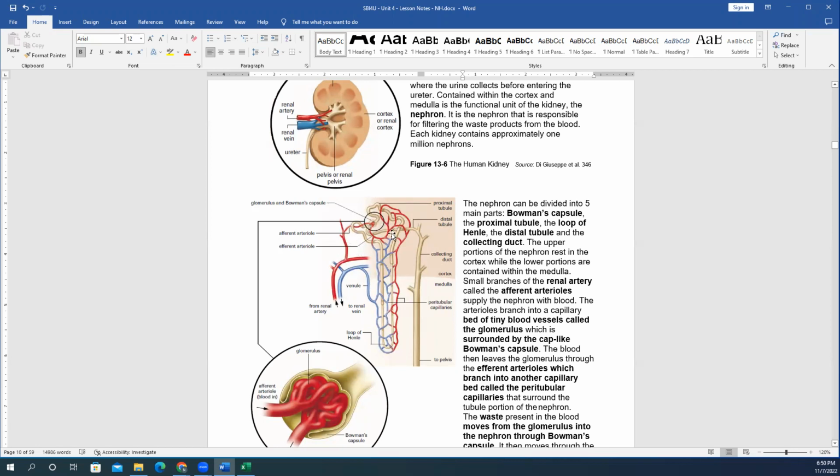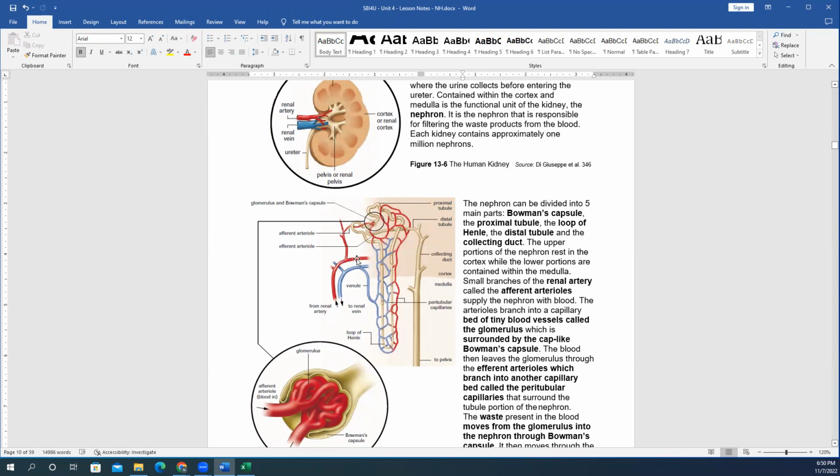So these are the renal arteries here. And these are called the afferent arterioles. These are the afferent arterioles that are coming from the renal artery that is bringing blood in towards the kidney and towards the nephron.